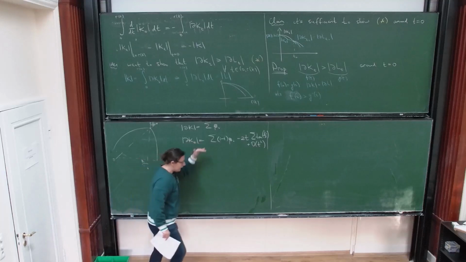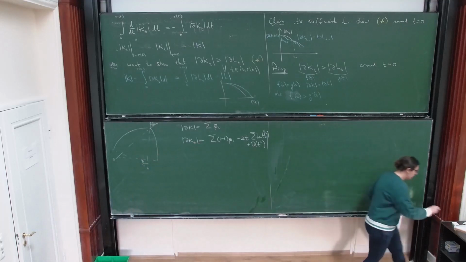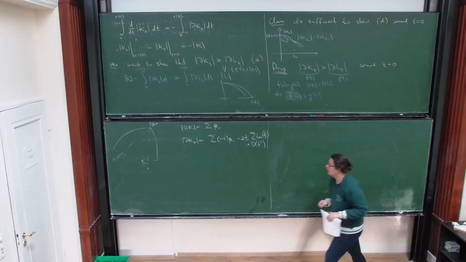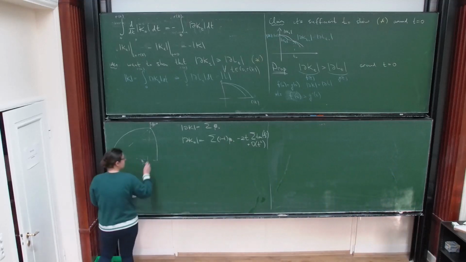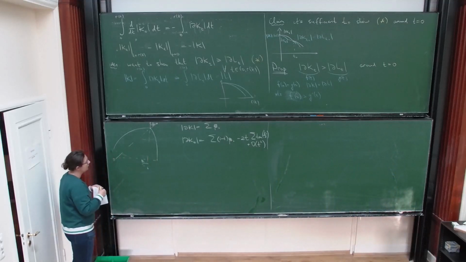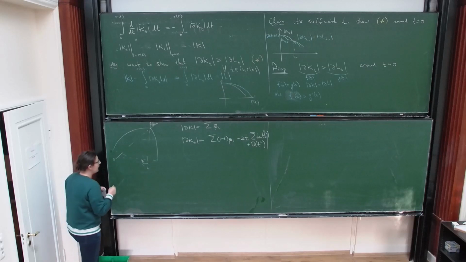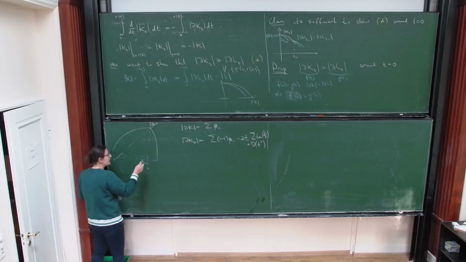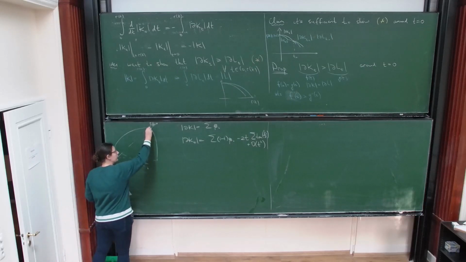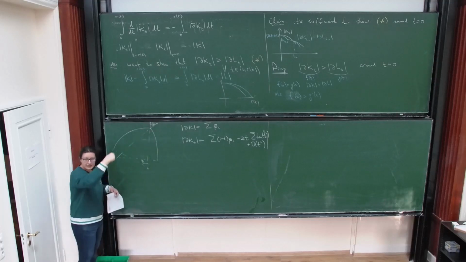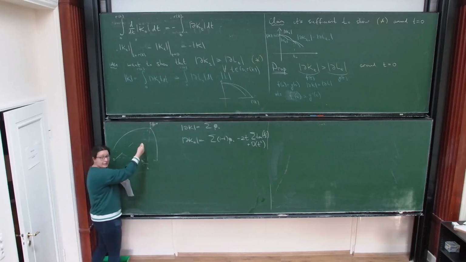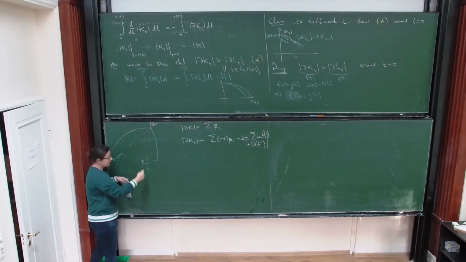Now, why do I have this relation? Let me first wave my hands, and I'm going to come back to that at the end. So what is happening here? If we want to look at the inner parallel body, we need to step inside along every normal by the distance t. In this case our normal is just the radius, the line that connects the center with every point on the boundary.